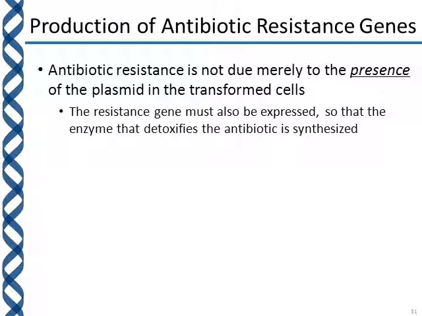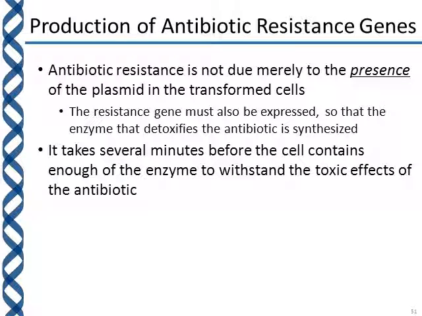So, the production of antibiotic-resistant genes. Antibiotic resistance is not due merely to the presence of the plasmid in the transformed cells. The resistant gene must also be expressed so that the enzyme that detoxifies the antibiotic is synthesized. It takes several minutes before the cell contains enough of the enzyme to withstand the toxic effects of the antibiotic.